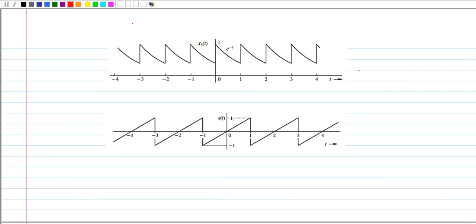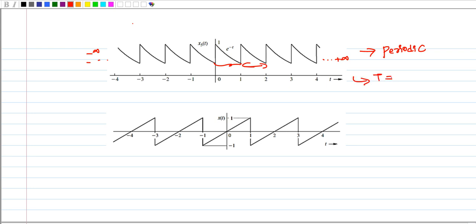So we will identify whether this is a periodic signal or not, where the time extends from minus infinity to plus infinity. Yes, this is periodic, because the same pattern repeats again and again. Now, what is the fundamental period?